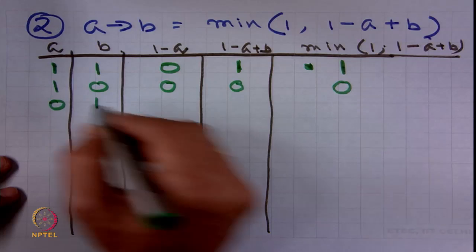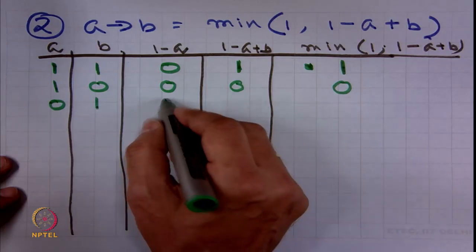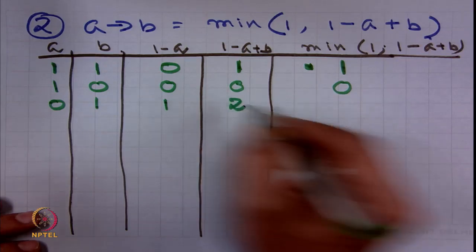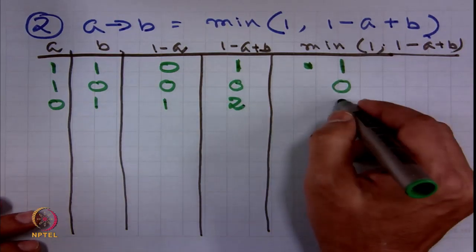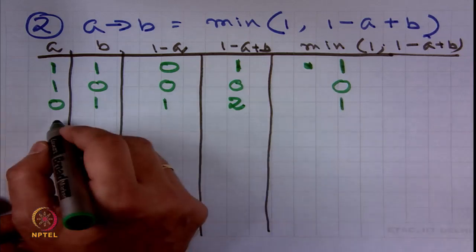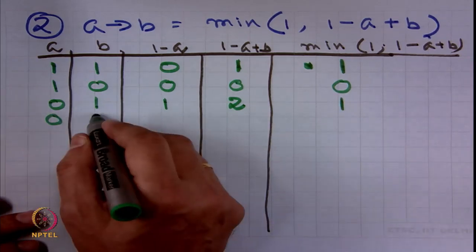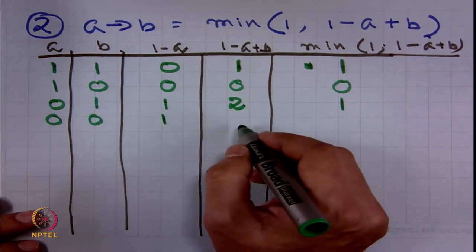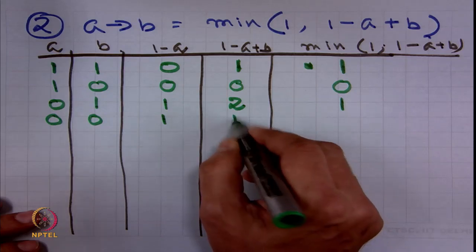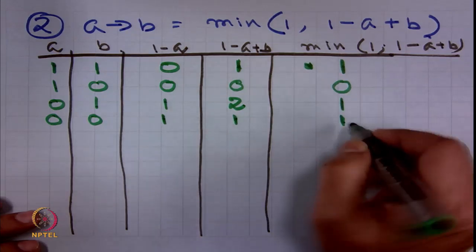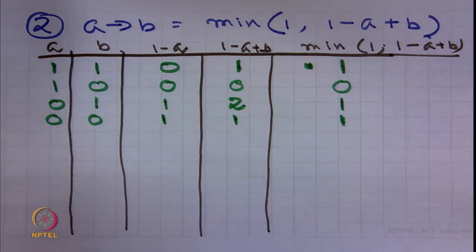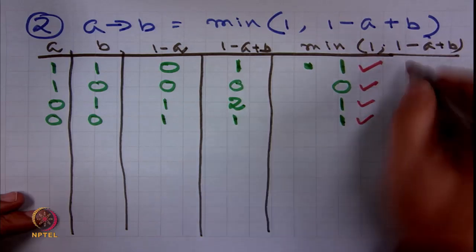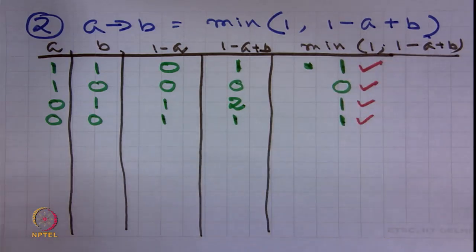For 0 and 1, 1 minus A is equal to 1, 1 minus A plus B is equal to 2. Therefore, minimum of 1 and 1 minus A plus B is equal to 1. When this is 0 and B is 0, then 1 minus A is equal to 1. Therefore, 1 minus A plus B is equal to 1. Therefore, minimum is 1. Therefore, we find that we get the same values for the known pairs.